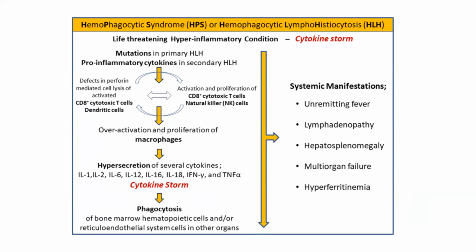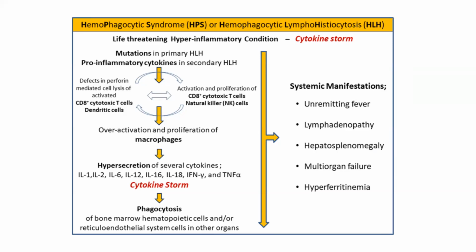These cytokines will overactivate and proliferate the macrophage, leading to hypersecretion of cytokines. Then there will be phagocytosis, where the macrophage engulfs the precursor red cells and also the platelets in the bone marrow. All this cytokine storm will lead to fever, lymphadenopathy, hepatosplenomegaly, multi-organ failure, and hyperferritinemia.